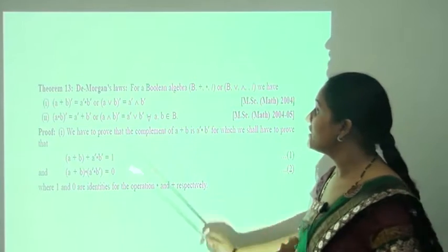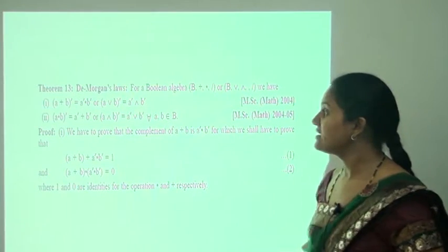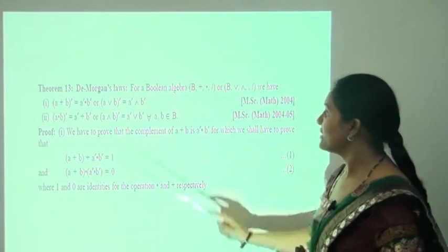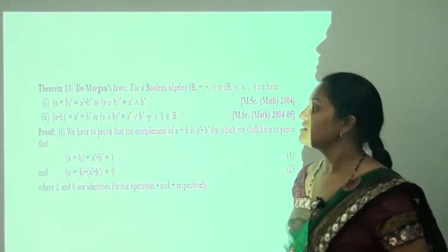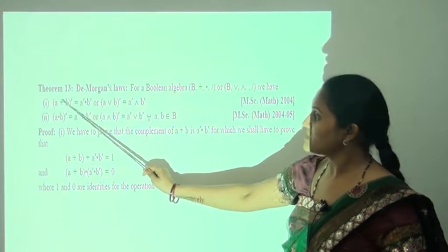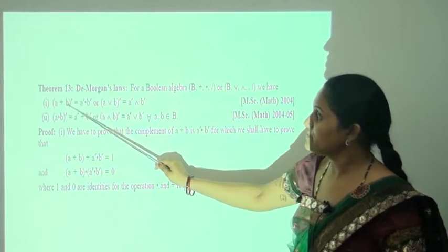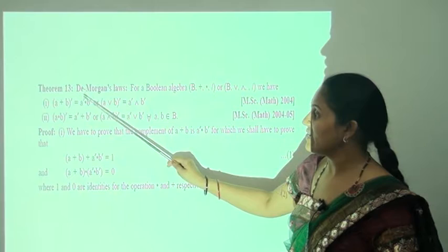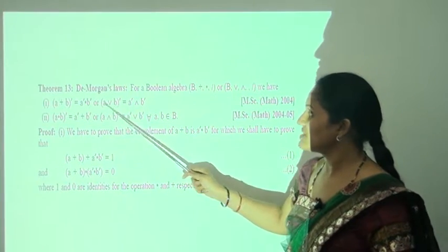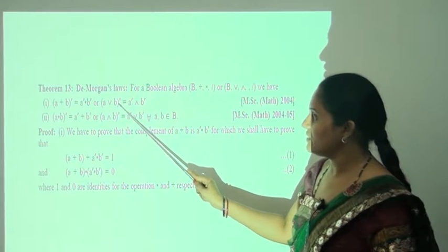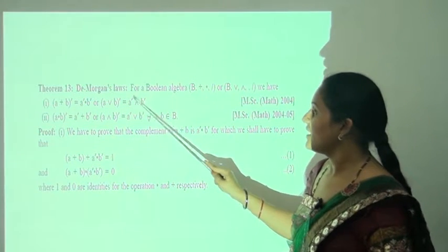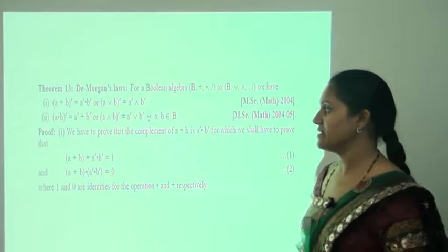Again, this is De Morgan's law. What does De Morgan's law mean? For a Boolean algebra, we have these two conditions. The condition says A plus B whole dash is equal to A dash dot B dash. Or similarly, in the meet or join form, A join B whole complement is A complement meet B complement.